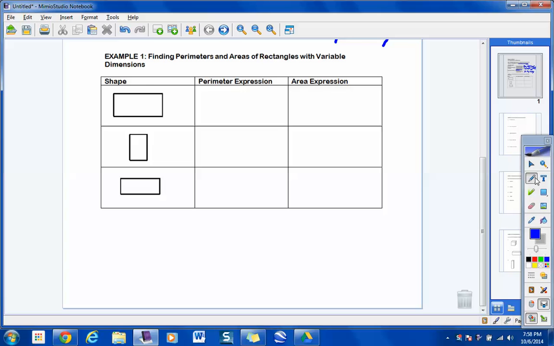And I want you to keep in mind that the perimeter is the distance around. It's the distance around the whole rectangle. And then the area is the number of square units, the number of squares like this that fill up the inside of the rectangle, okay?